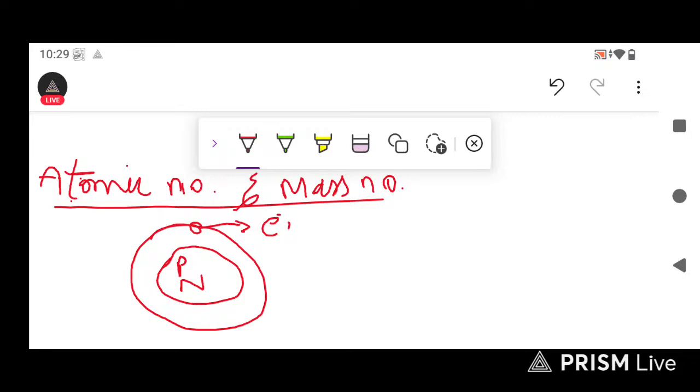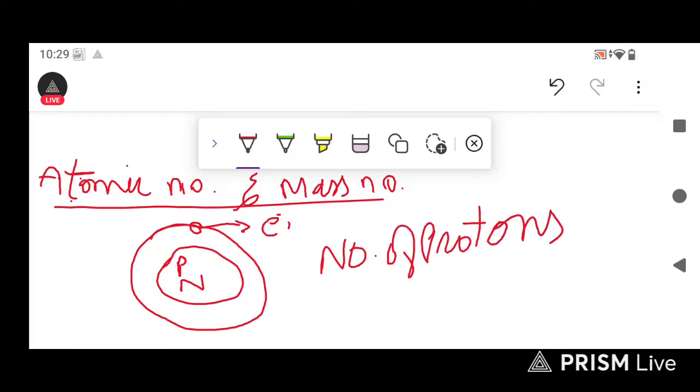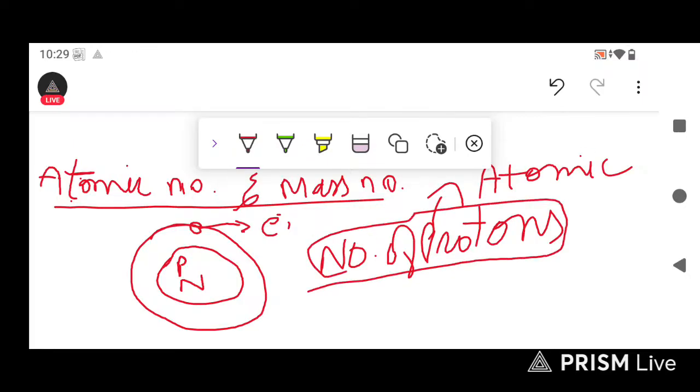If we talk about only the number of protons, that is called the atomic number. It is also called the proton number because we only talk about the number of protons. It is represented by Z.